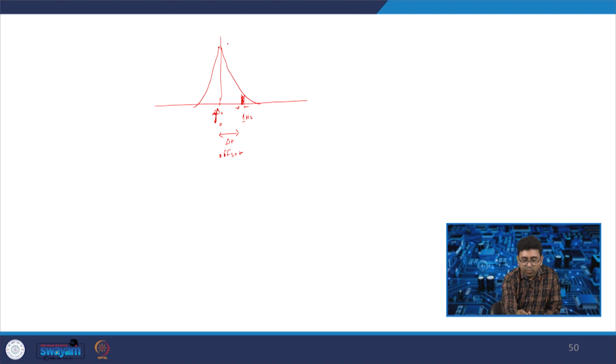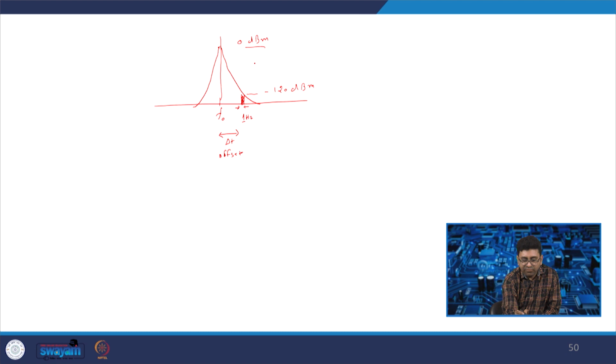Let us say you have an output power of 0 dBm at f naught, and after delta f offset at 1 hertz you have a power of minus 120 dBm.